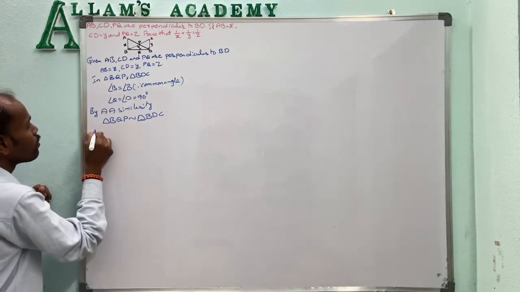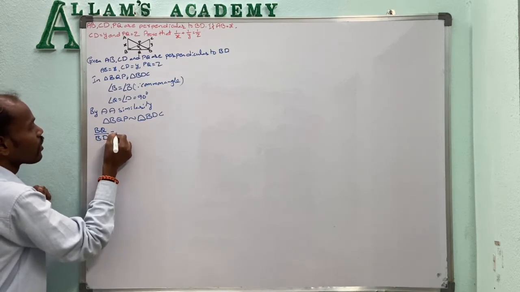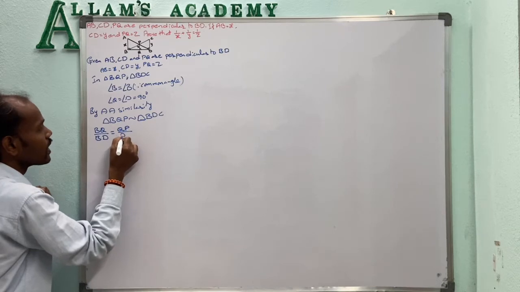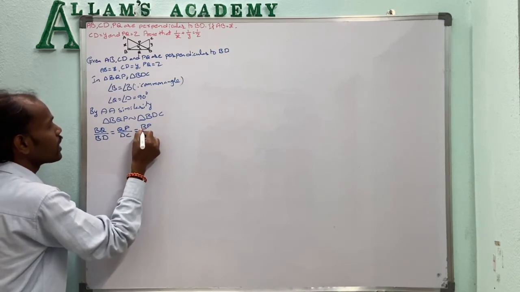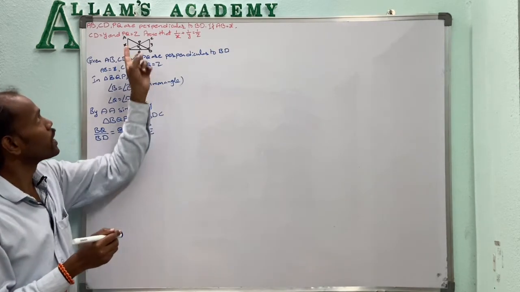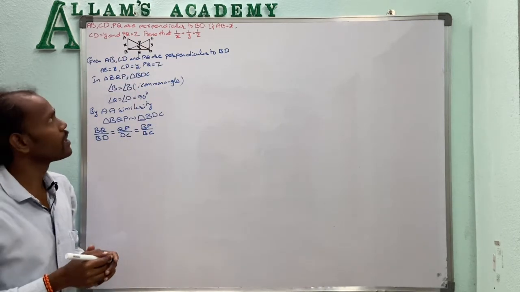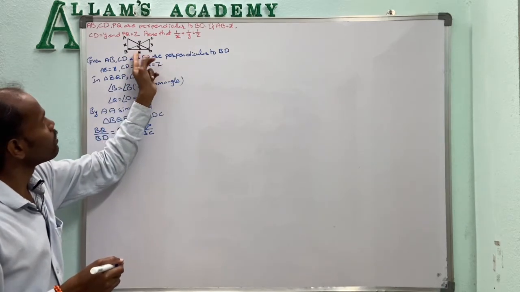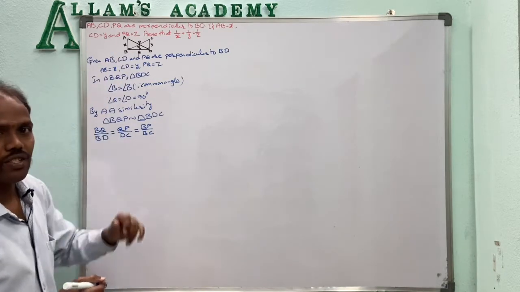And if two triangles are similar, we already said their corresponding sides ratio is equal. So BQ by BD equal to QP by DC, that equal to BP by BC. Here we do not have any information about BP and BC. BQ and BD are on the base, so there is some chance to use those.